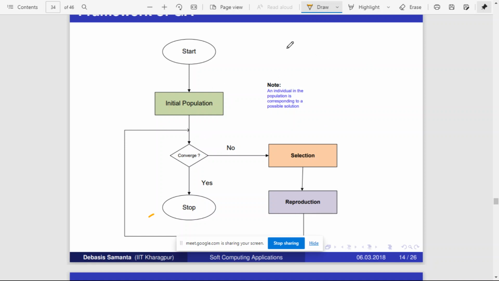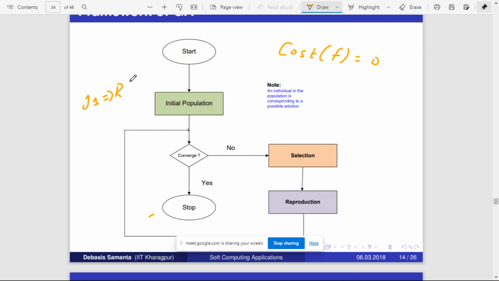Or there is something called cost. You can evaluate the cost of any function. So what is the cost? Generally the ideal case is that the cost of the function should become 0. After producing the result for a particular individual, what is the cost involved?